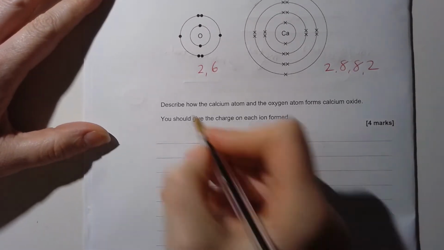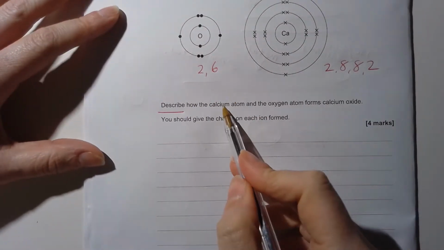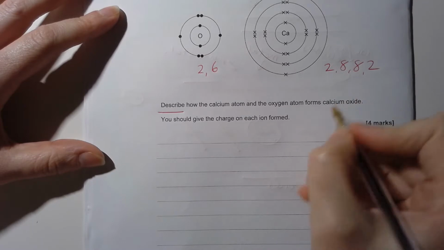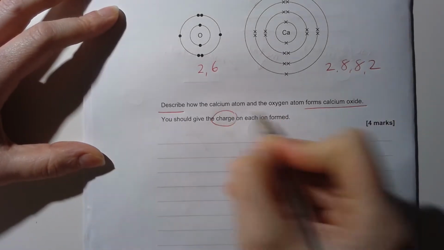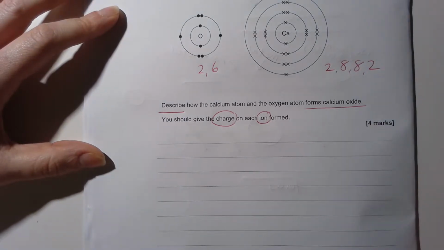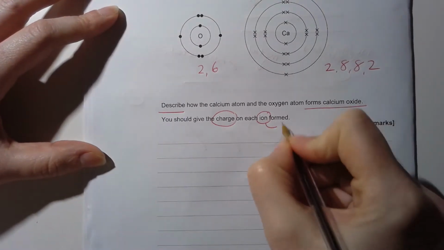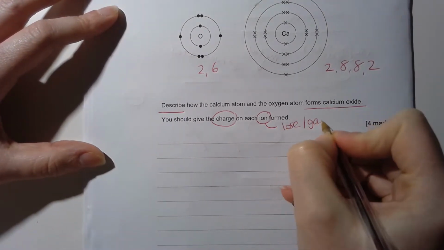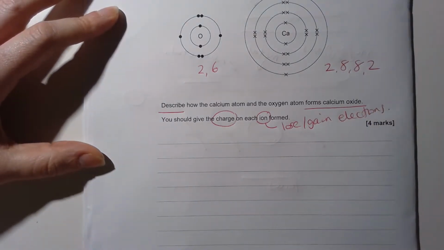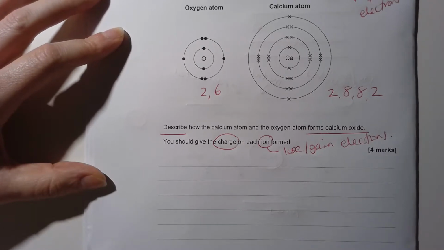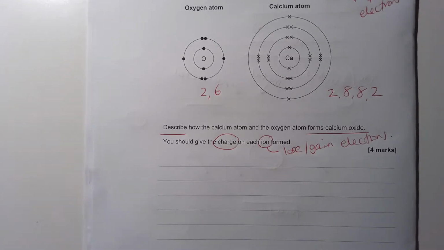Then it says, describe how the calcium atom and the oxygen atom forms calcium oxide. You should give the charge on each of the ions formed. Okay, now because we know ions lose or gain electrons, we're going to have to work out which one loses and which one's going to gain. And the way we do that is trying to think of how they're going to fill that shell.